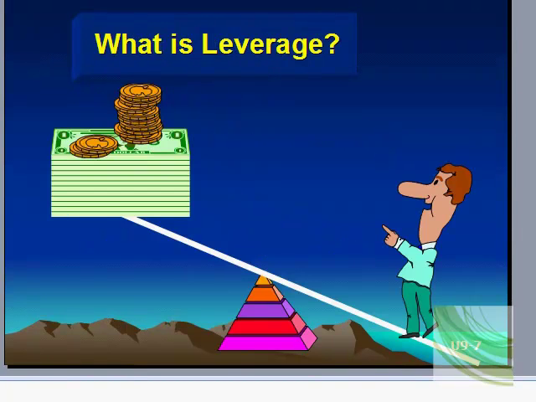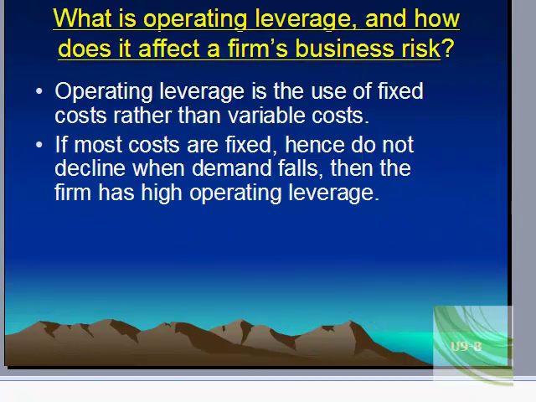So what is leverage? Leverage is simply the amount of fixed cost relative to variable cost, and usually in heavy manufacturing or capital intensive industries the fixed operating costs are very high. So it is highly leveraged. That means it has to cover those costs before it can make any profit.